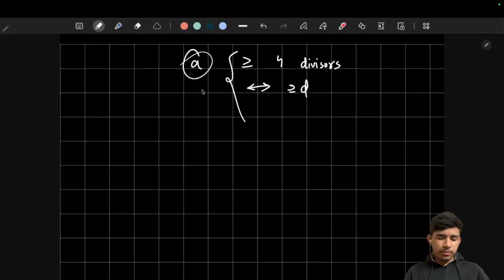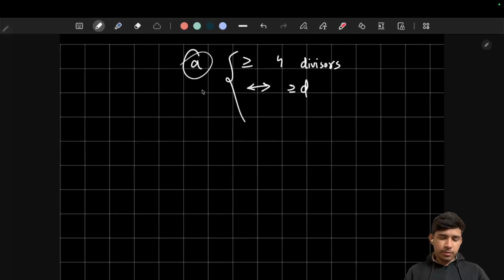It's not always true, for example 17 and 8: 8 has more divisors but is less than 17. But if a number has at least four divisors, and if it has more divisors than that, then it would be greater than the number with exactly four.